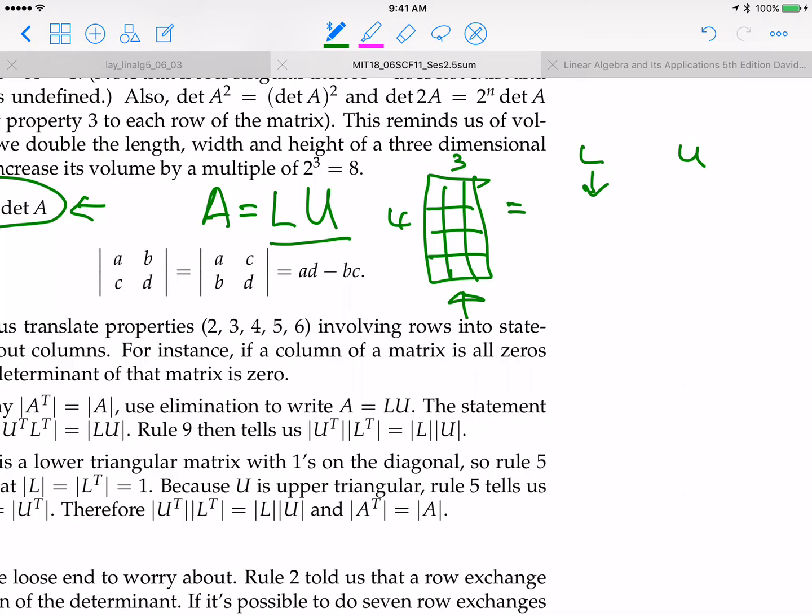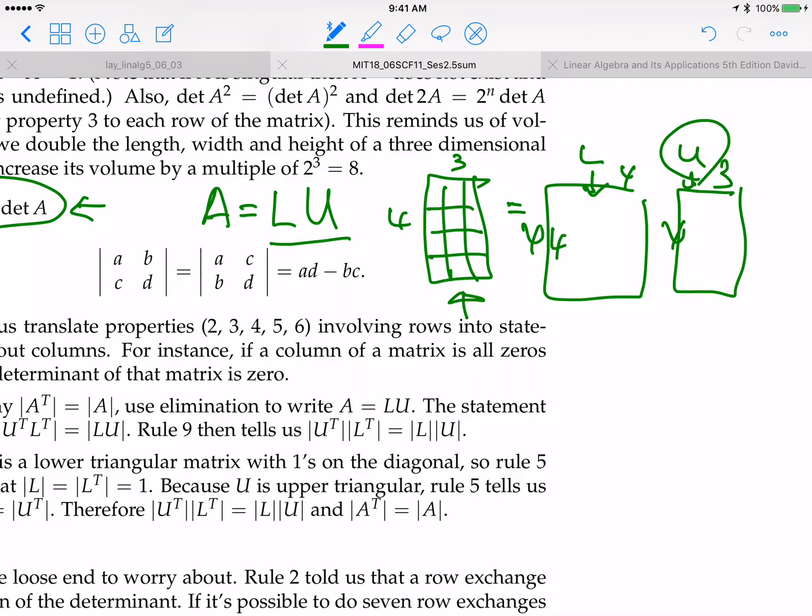L is, of course, 4 by 4, so L is a square matrix, and U is 4 by 3. So U will have the same size as your original matrix A. Then what is the diagonal element of L? All ones, right?